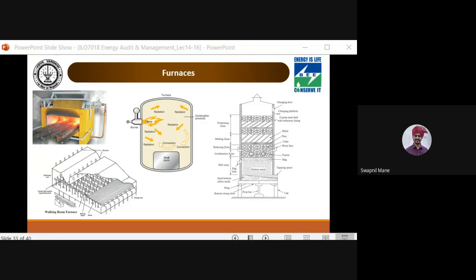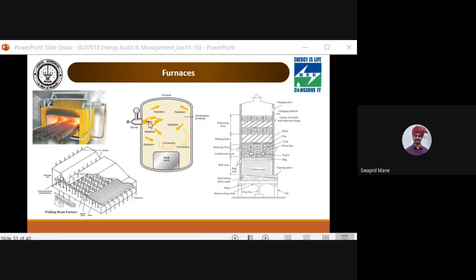Then there are re-rolling mill furnaces, continuous pusher type or batch type, or continuous steel reheating furnaces. A typical furnace will have this type of heat transfer.